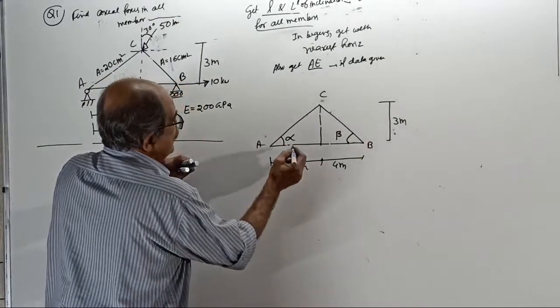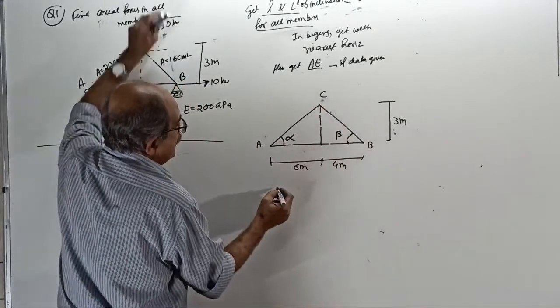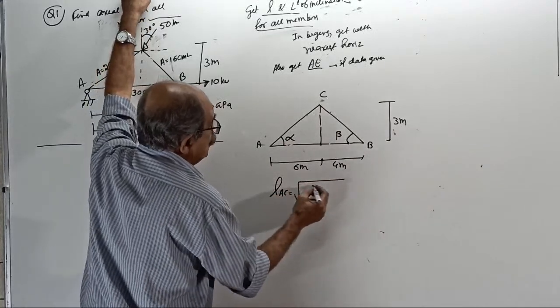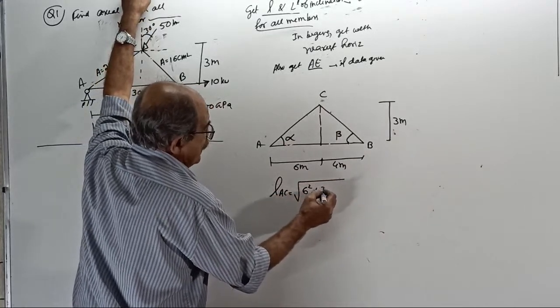Tell me the answer. Now this is 3 meter. The length of AC equals the square root of 6 square plus 3 square.